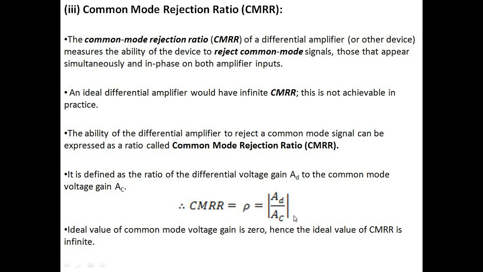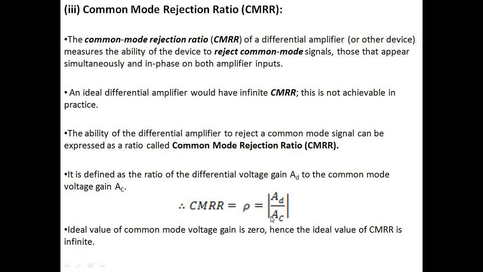But in practice, you are never going to get a CMRR equal to infinity. But in the ideal case, we can say the common mode rejection ratio is equal to infinity, which is a very, very important bit for competitive exams. The ideal value of common mode rejection ratio is equal to infinity. The reason is that we prefer the maximum differential gain with minimum common mode gain.